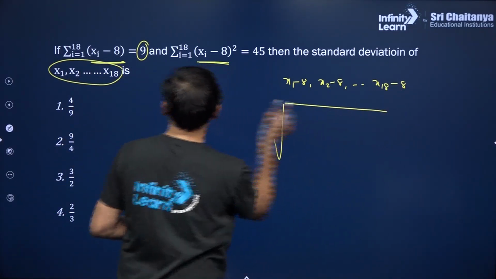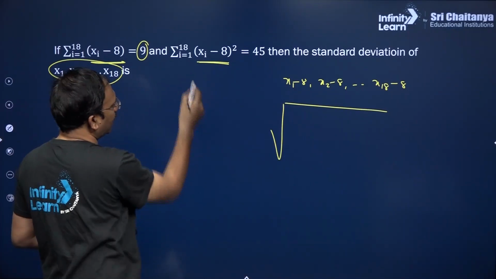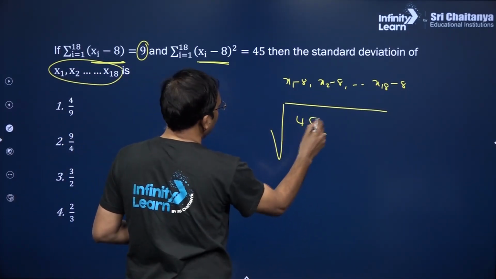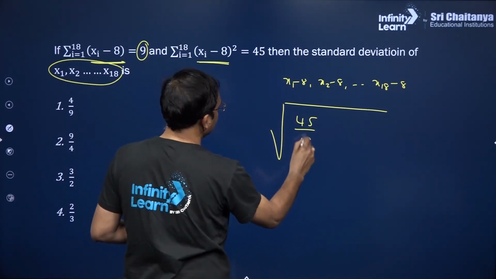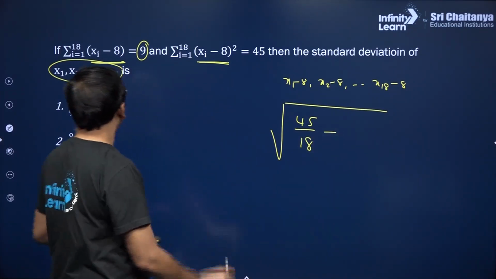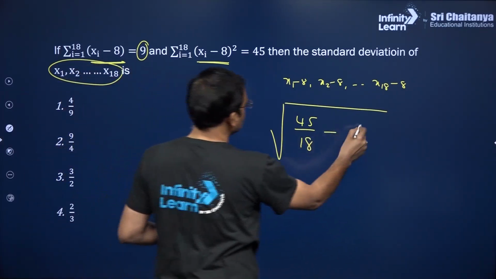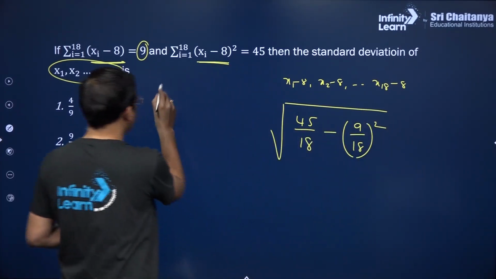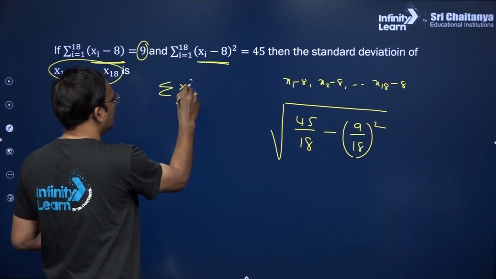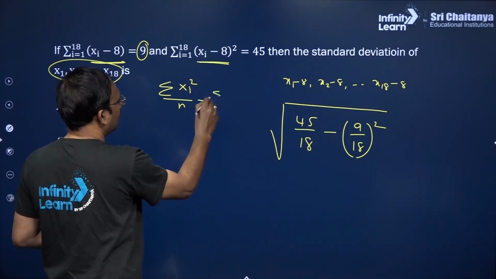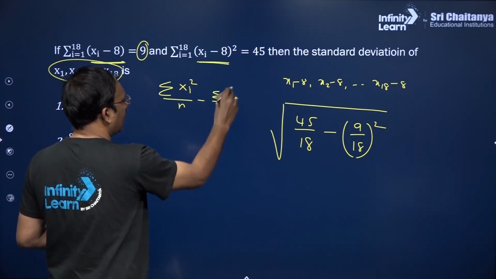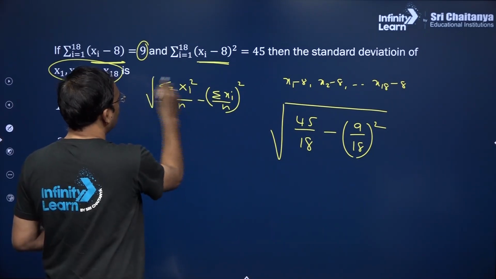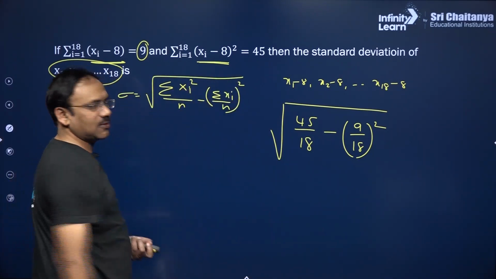Square root of sum of, you see, sigma xi square is 45 by number of items is 18, minus mean, which is sum of the items by number of items, square. Because friends, let me write the formula, sigma xi square by n minus sigma xi by n, or average, square, under root gives the standard deviation, right?